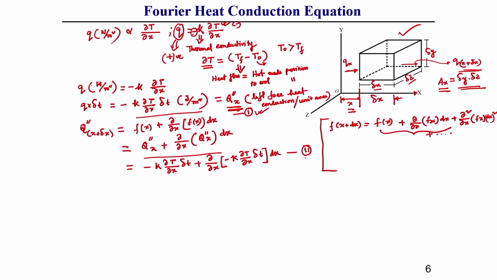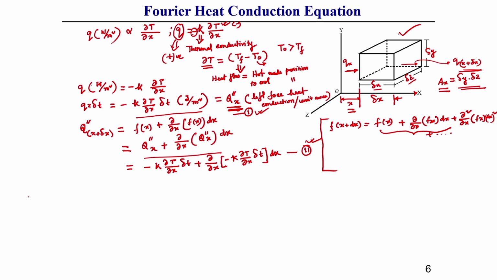Now, the heat generally coming out from this element from the right side phase is this much. Then how much heat is stored in the body due to heat conduction per unit area along x direction, that I am going to represent.